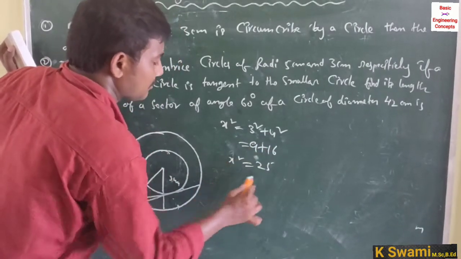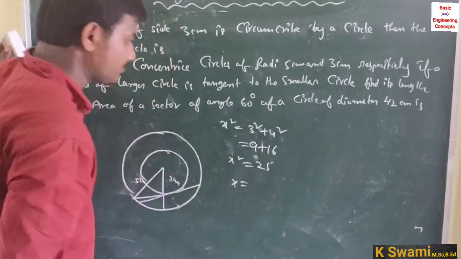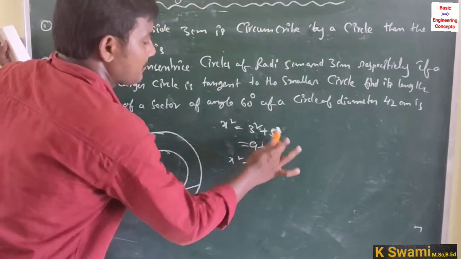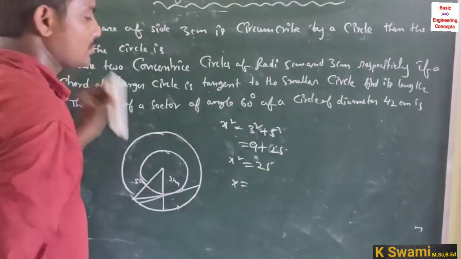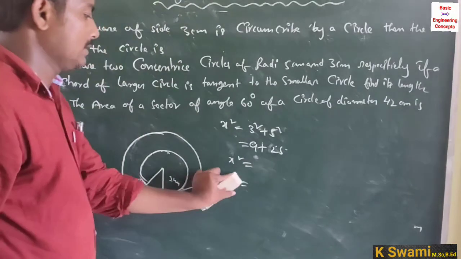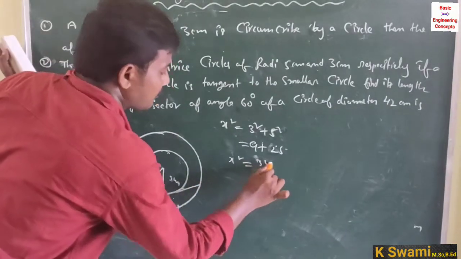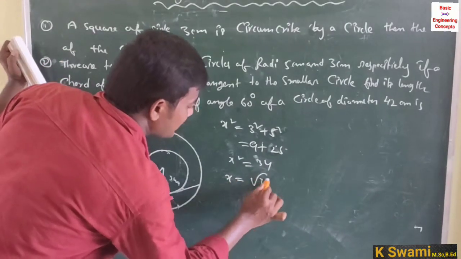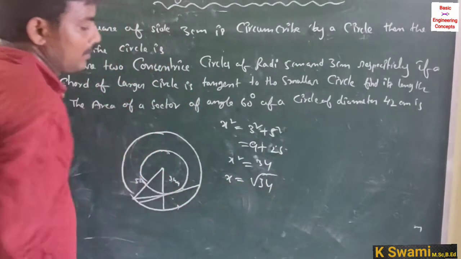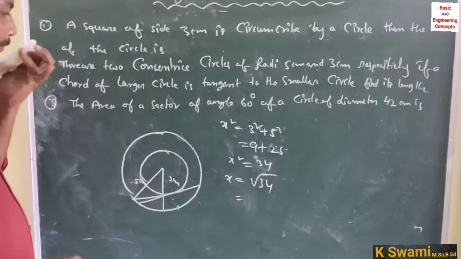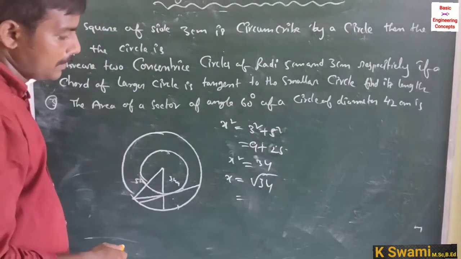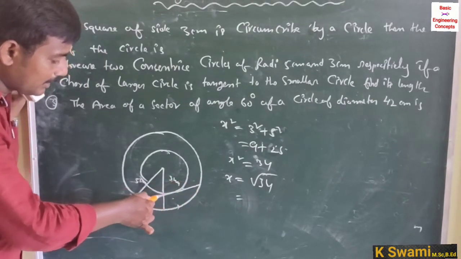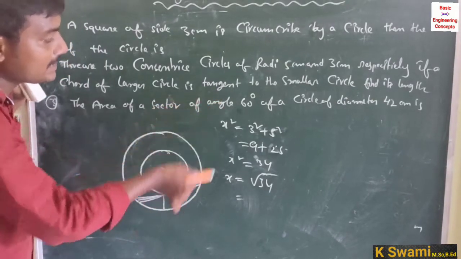So x square is equal to 25. x is equal to 5 centimeters. 5 square means 25, plus 9, 34. x square is equal to 34. x is equal to square root of 34. So the length of the tangent is equal to root 34.